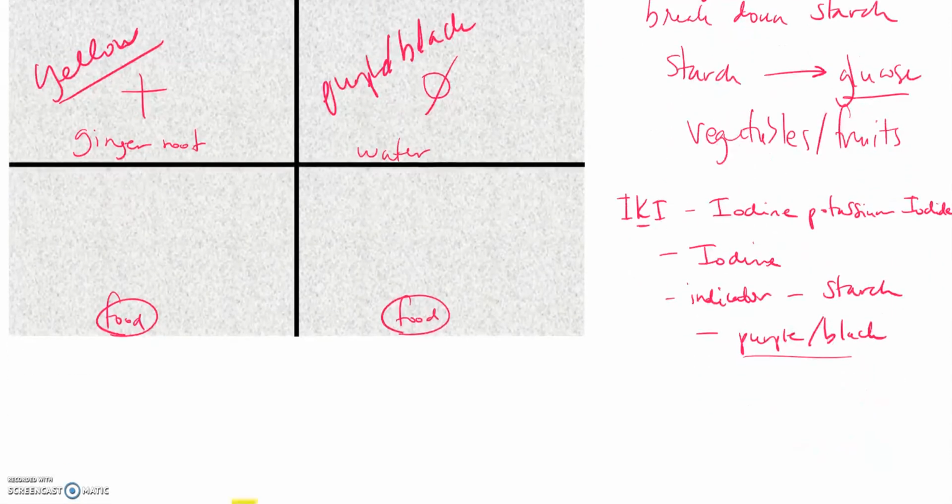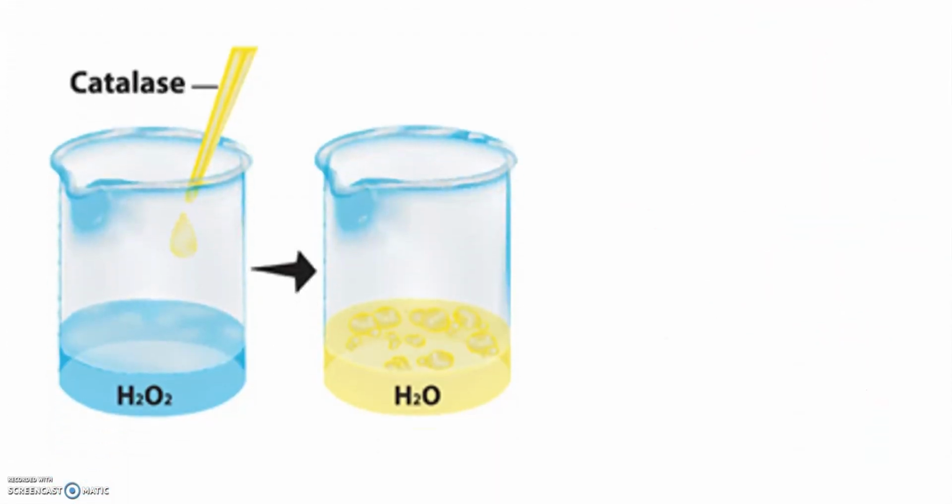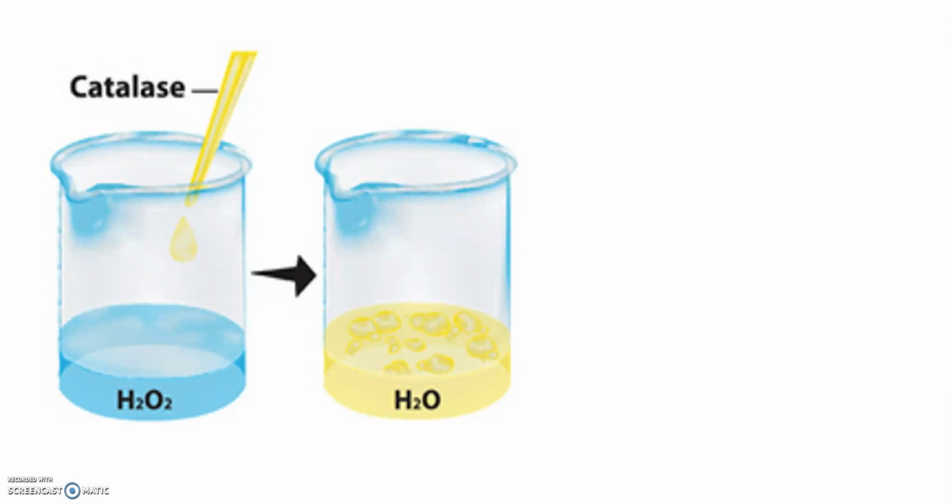Okay, now we're going to move on to the next experiment that you performed in the enzyme lab. Okay, this one, experiment 2, and we were interested in temperature's effect on enzyme activity. And remember, I mentioned to you that all enzymes have an optimal temperature.